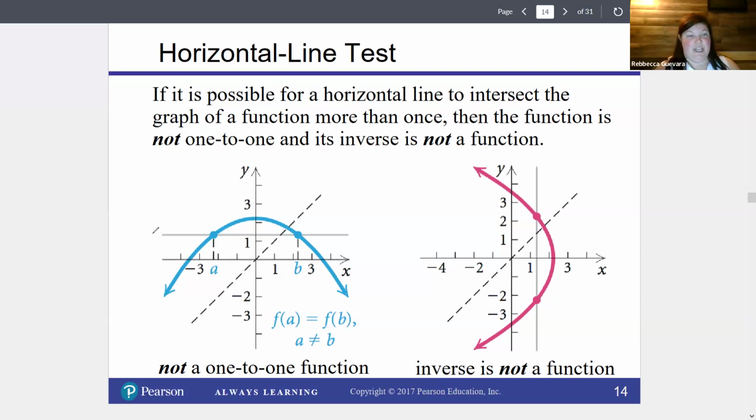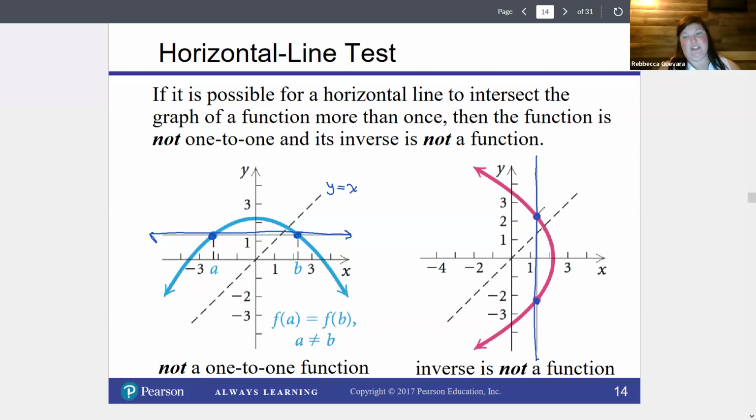So the first case, the graph itself is of a function, but it doesn't pass this horizontal line test. It means like this point here and this point here, they have the same y, but they come from different x's. What happens is that when I try to do the inverse, as we saw before, everything's going to reflect over this line y equals x.